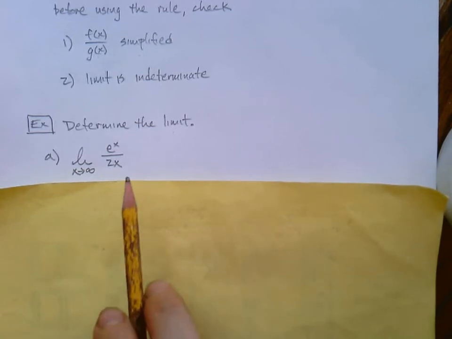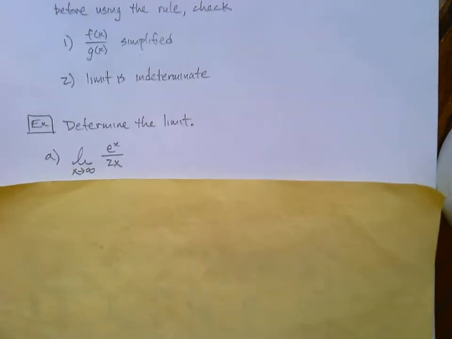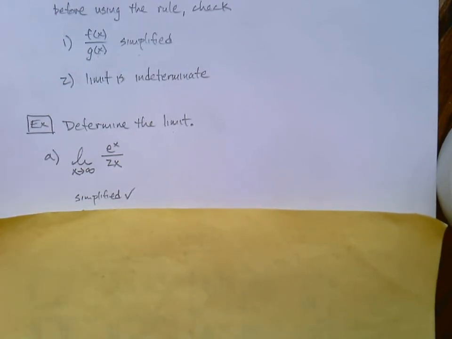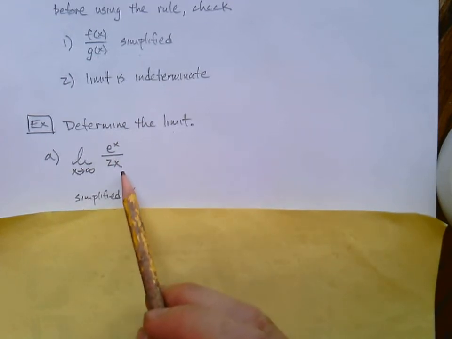Okay, determine the limit as x approaches infinity here. We sort of already thought through the checklist, but let's do it again, pretending this is a new problem. Are both these things really true? Is this really simplified? Yes, it is. Check. How do I know it's simplified? There's nothing I can factor and cancel.